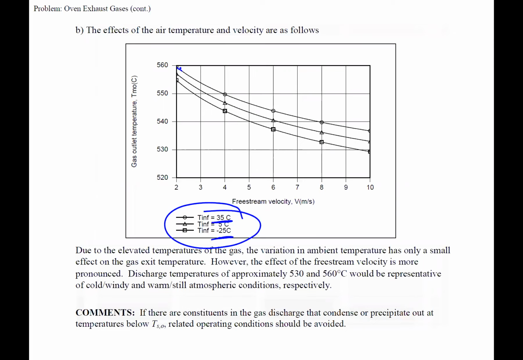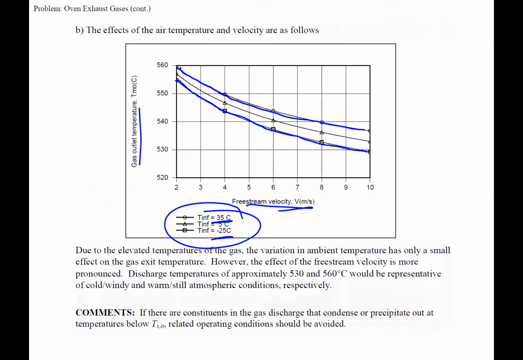Here's what the exhaust gas outlet temperature would look like when the air temperature is 35 in the afternoon, and in the morning it was negative 25 degrees Celsius. That's what our curve would look like with different wind velocities, right? So then we can play around with what that exhaust outlet temperature looks like in these different situations.